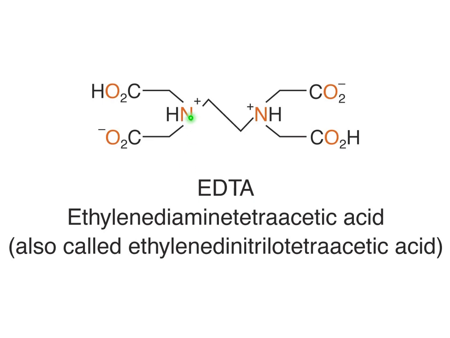It makes stable compounds with most metal ions except group number 1. Especially it makes a stable compound with calcium. As a result, it can dissolve calcium carbonate or prevent calcium salt from forming.